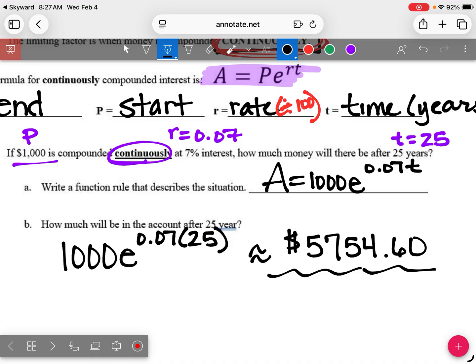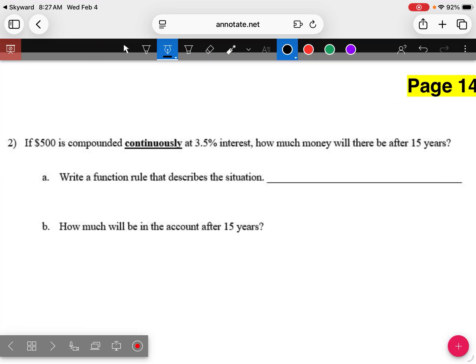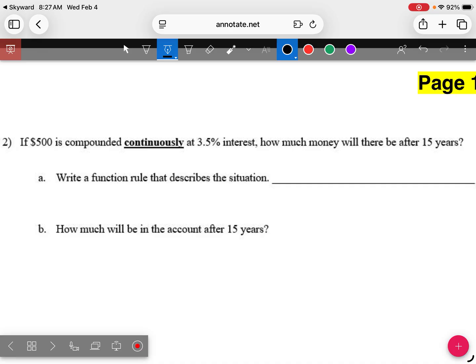All right, let's do number 2. Again, compounded continuously. That's the key word. I want you to go ahead and write your function rule and answer part B by yourself. I'm going to come around and check our answers.